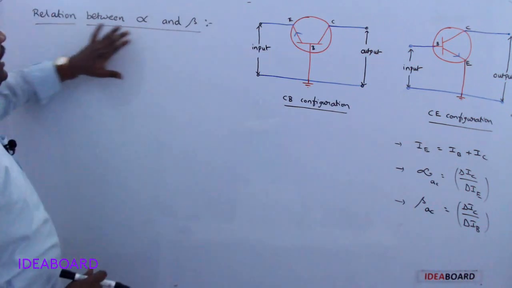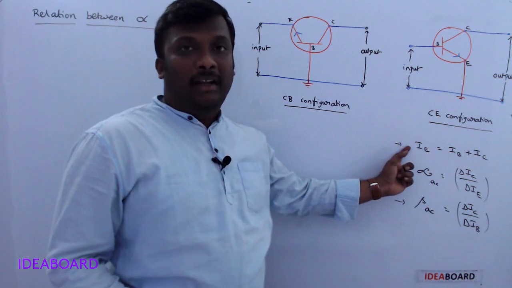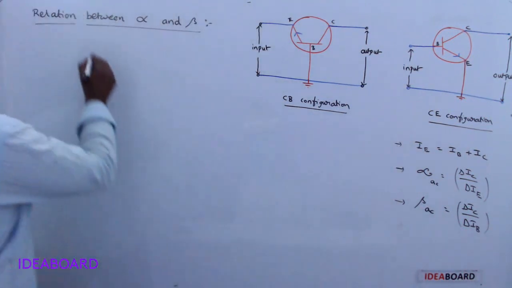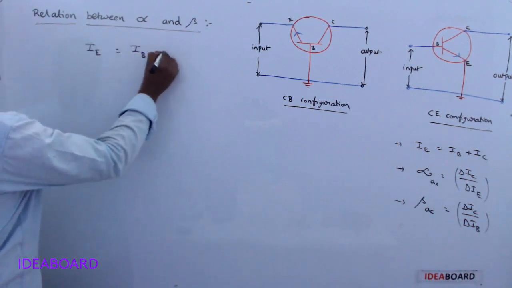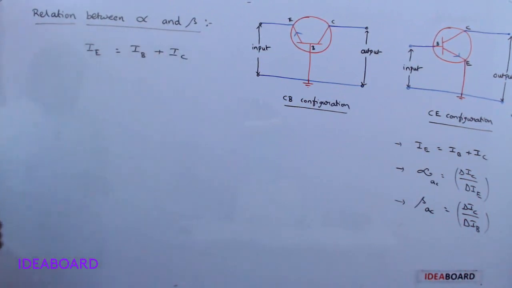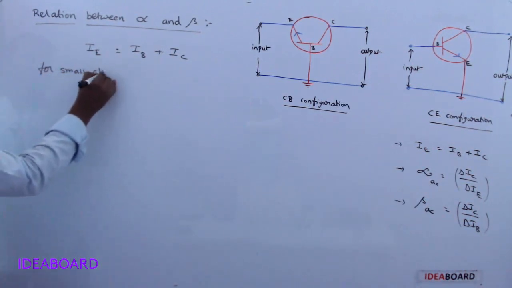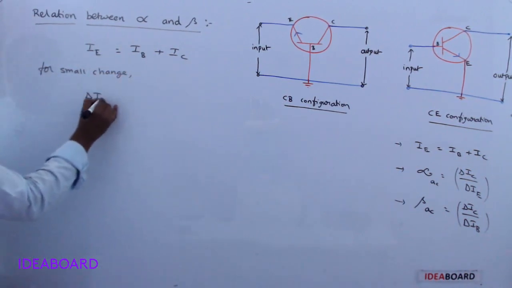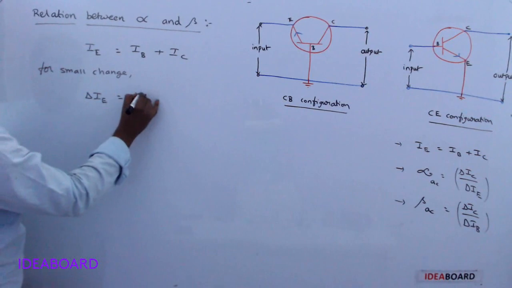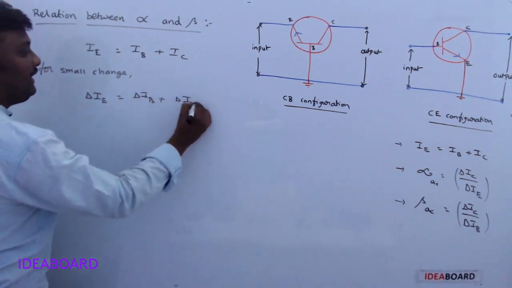To get the relation between alpha and beta, in an NPN transistor or PNP transistor, we have one formula: IE is equal to IB plus IC. For small change, we may write delta IE is equal to delta IB plus delta IC.